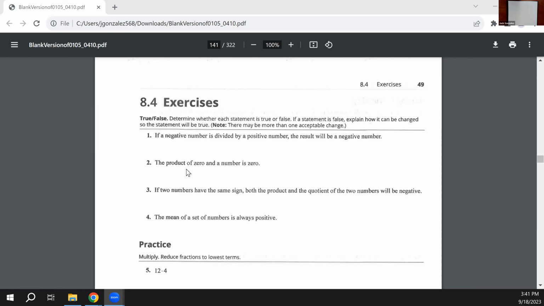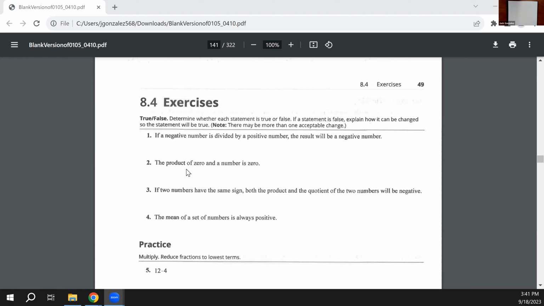If the two numbers have the same sign, the quotient is positive, but if the two numbers have different signs, the result will be negative. I keep forgetting about the four. So it's four.